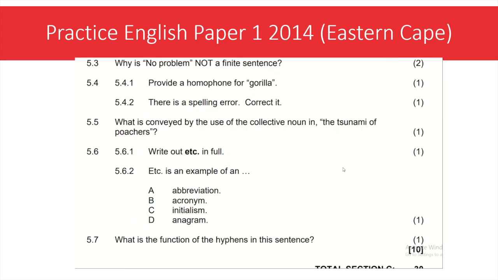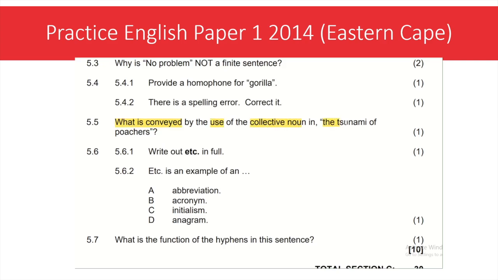Let's continue with 5.5. What is conveyed by the use of the collective noun in "the tsunami of poachers"? 1 mark. Now this is a two-fold question, so we need to answer what is conveyed by the use of the collective noun.